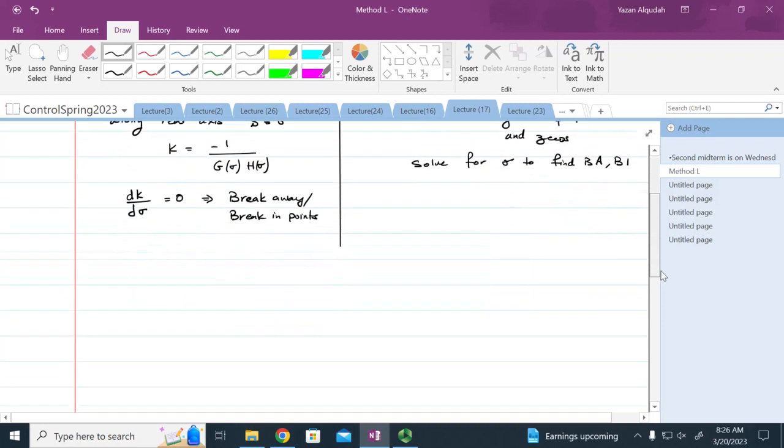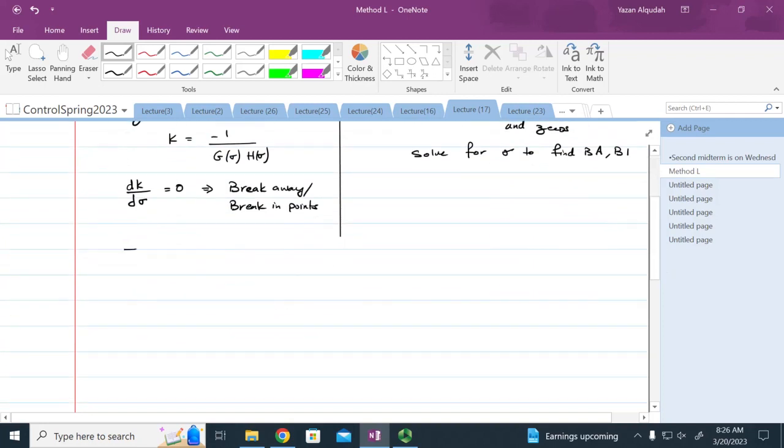Okay, so let's do an example. Let's say we have the open loop k multiplied by g of s, h of s, equal to k multiplied by (s minus 3) multiplied by (s minus 5), divided by (s plus 1) multiplied by (s plus 2).